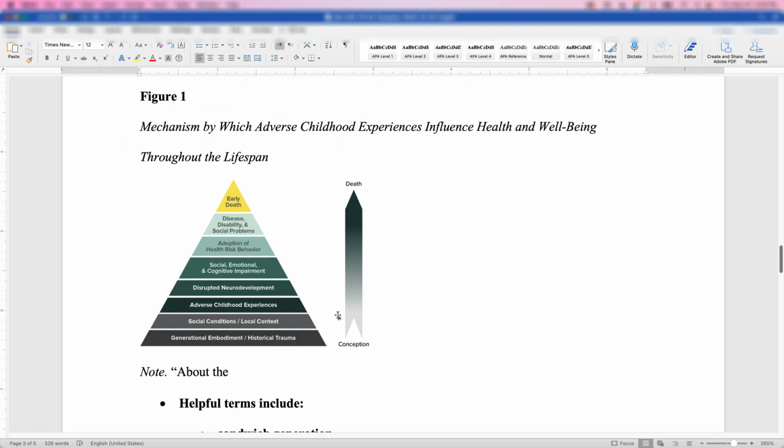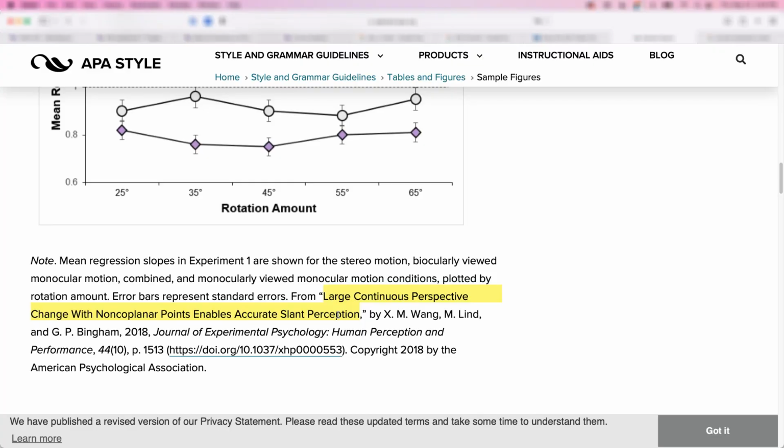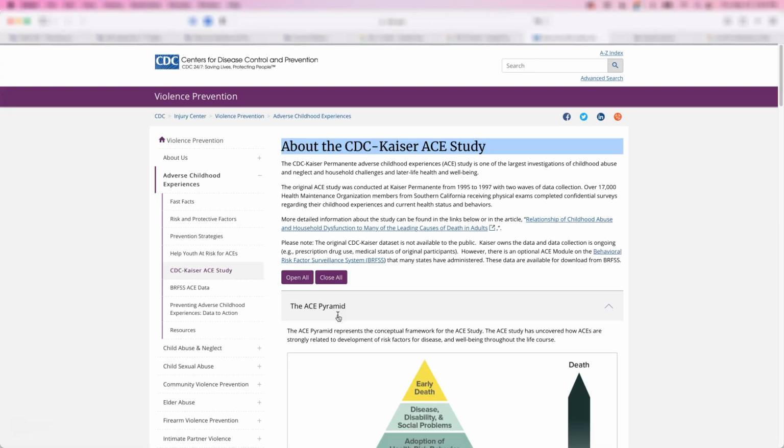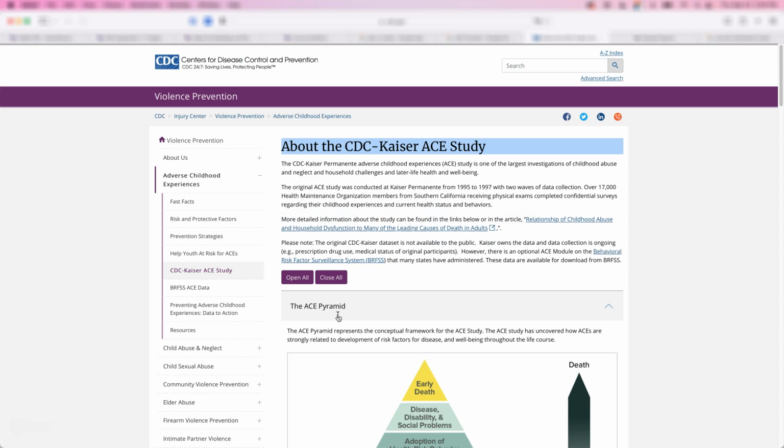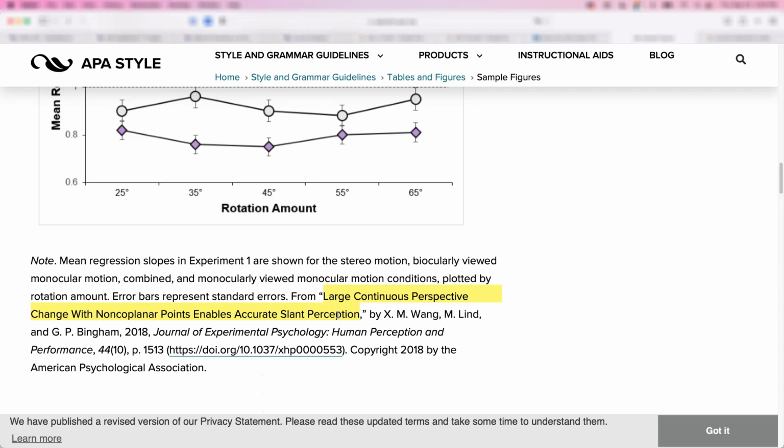All right. And so this is going to be about the CDC Kaiser ACE study. And if we look back at this example, that's going to be followed by the author names.